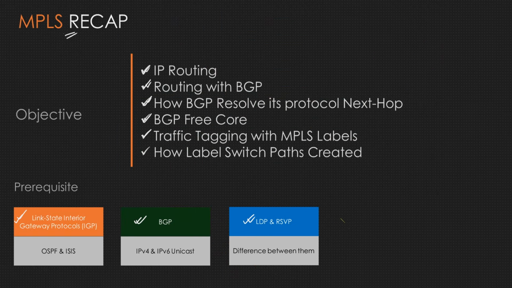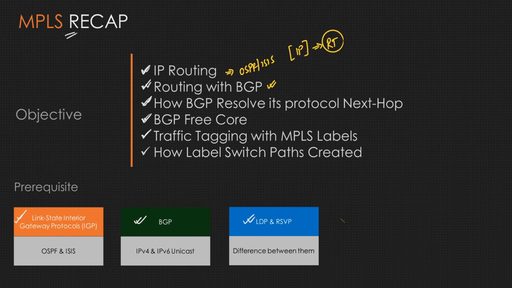So coming back to the first slide. What we discussed so far is IP routing using OSPF or ISIS, where the routing is based on a pure IPv4 packet. It checks the routing table based on the destination IP of the packet. BGP is different from OSPF and ISIS.